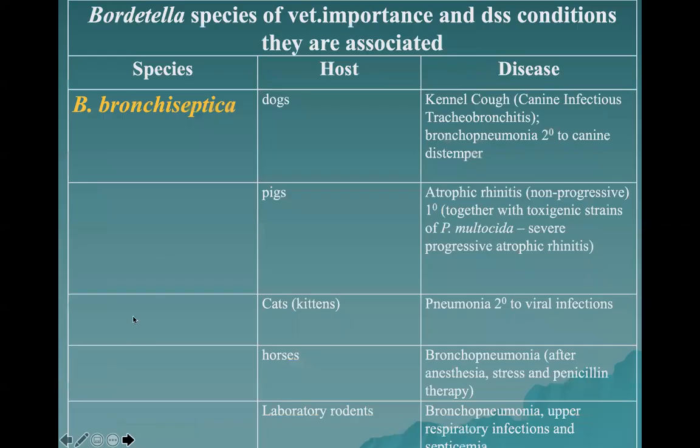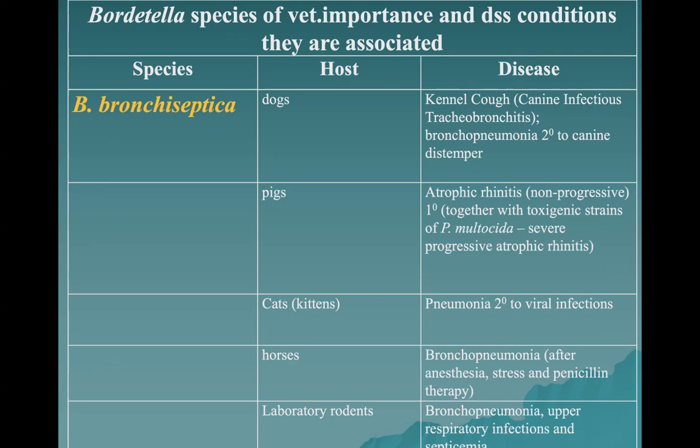This table shows the different species of Bordetella with their disease conditions and the hosts they infect. Bordetella bronchoseptica can affect various hosts, and the most important hosts of this organism are dogs and pigs. In dogs, the disease is known as kennel cough, or canine infectious tracheobronchitis.